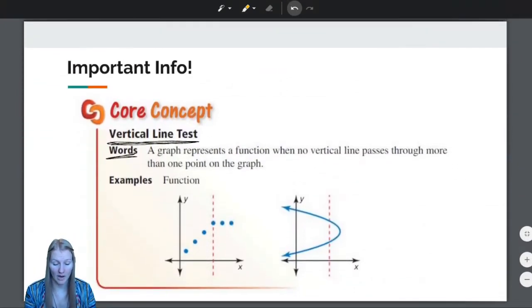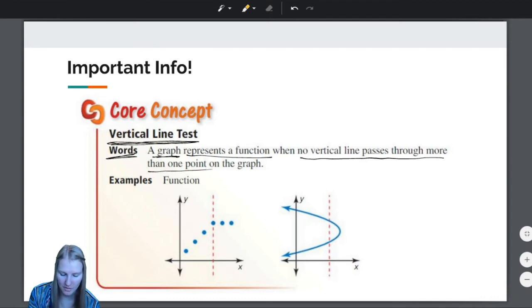Now we're talking about graphs. And how do I know if a graph is a function or not? You use the vertical line test. So a graph represents a function when no vertical line passes through more than one point.